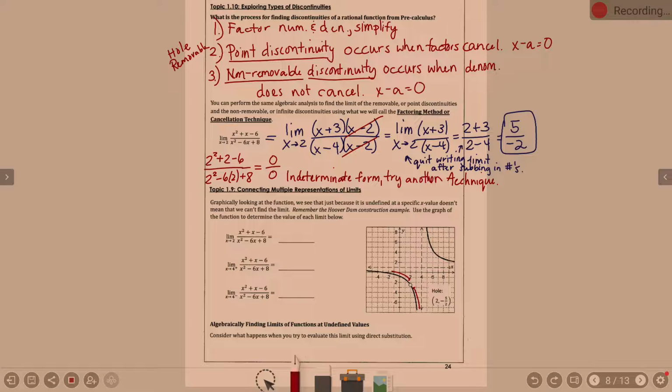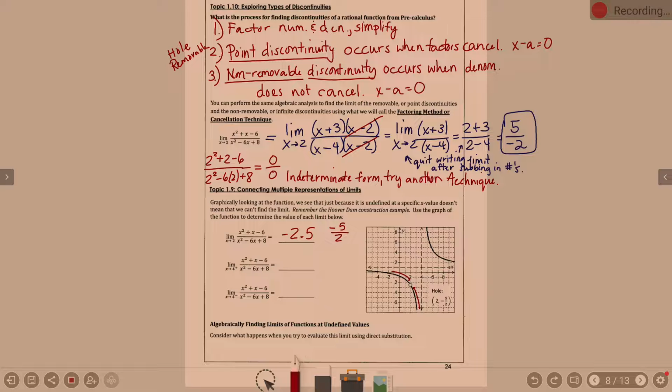So what is this limit? Ballparking it, that's what I would say. They're going to give you something like that and not label it precisely. We're going to say negative 2.5, which could also be expressed as negative 5 halves, which is how I actually wrote it in my note at the time. Know your equivalencies, right?